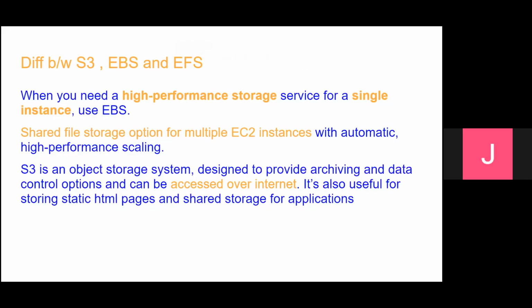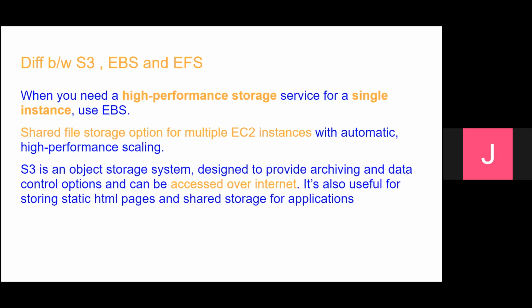Now since we have studied S3 and EBS already, let's understand what is the difference and what is the use case, like when you would go for S3 or when you go for EBS or Elastic File System. Whenever you want high performance storage, and that too attached to a single instance, that time you'll go for EBS.